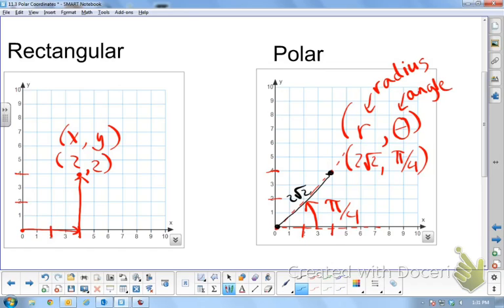Now, with polar coordinates, I could actually label this a couple of different ways. 2 square root 2, pi over 4, that would be the same as 2 square root 2, negative 7 pi over 4, since 2 pi minus pi over 4 is 7 pi over 4.